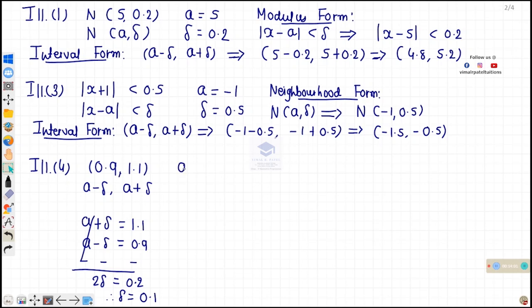Now A plus delta is 1.1, so A plus 0.1 is equal to 1.1, so A is equal to 1.1 minus 0.1, so it is 1.